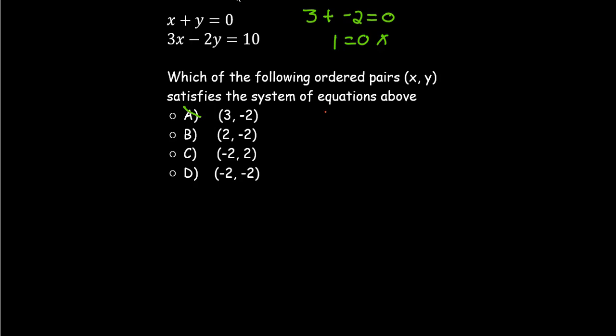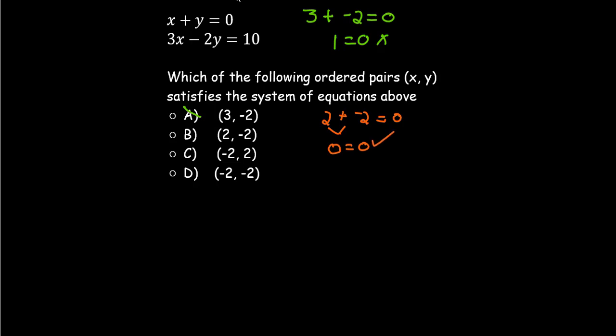For letter B, this is 2 + (-2) = 0. That checks out, because 2 plus negative 2 gives us 0, so 0 = 0. That works.